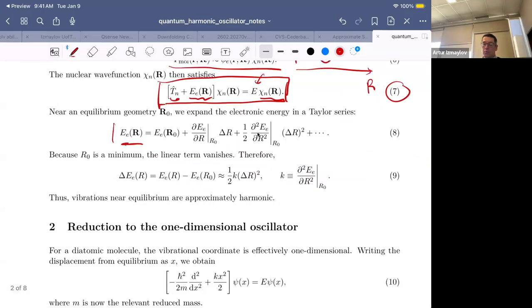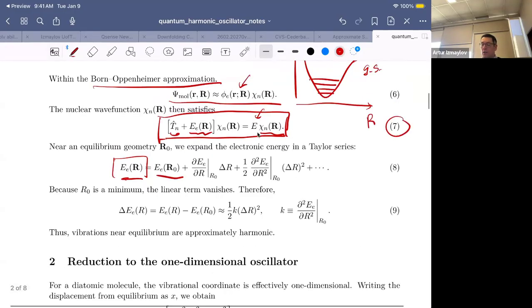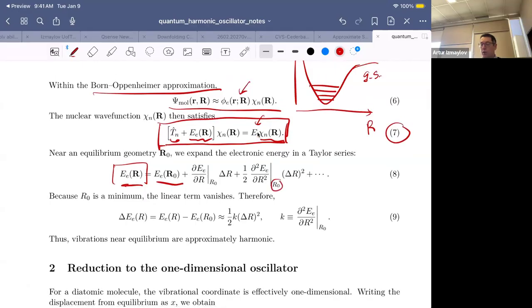So we do Taylor series expansion of the electronic energy. We get a particular value of energy as a constant term and so on, right? So we can choose this R0 point to be a point of the minimal energy on the electronic side, right? Minimal ground state energy configuration.